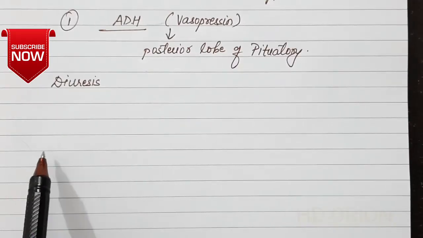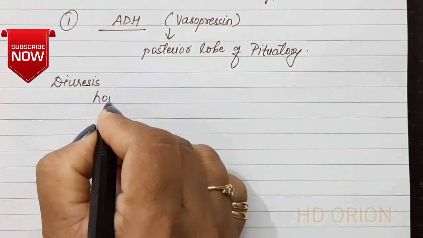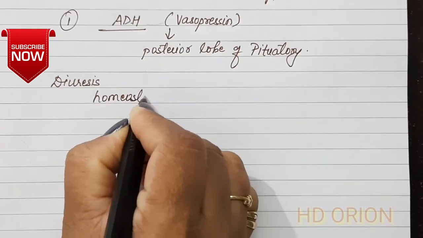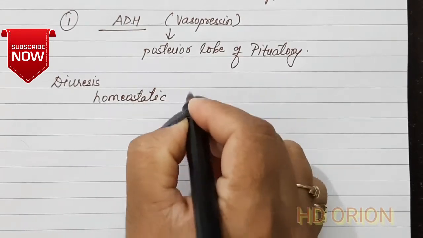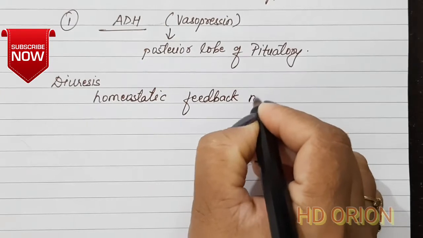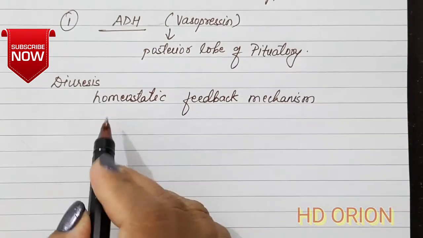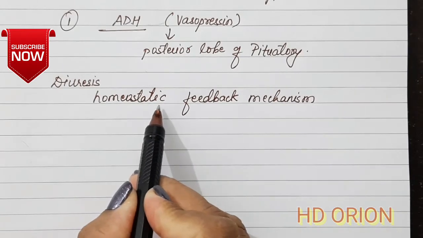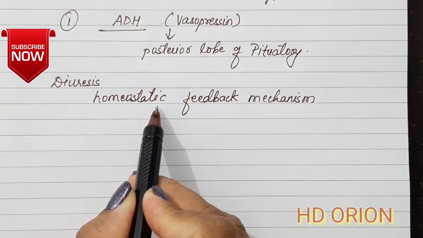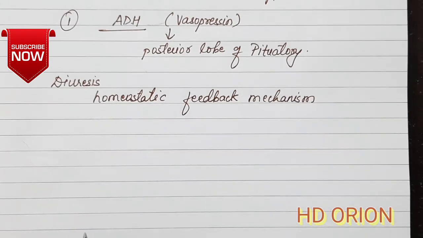Now, regulation of water by ADH is an example of homeostatic feedback mechanism. So the kidney maintains the homeostasis. It automatically maintains the internal environment by controlling the amount of water that has to be excreted.